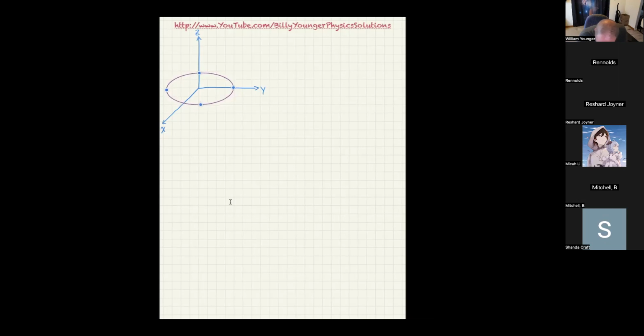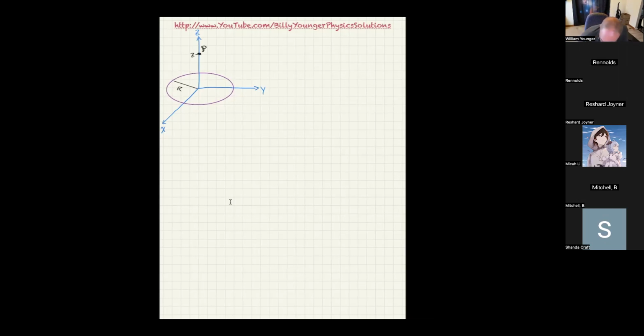Right about there. Okay. So what I'm saying is this distance right here is going to be R. And what I'd like to know is the magnetic field at this point up here, which I'm going to say is a distance Z above the axis.